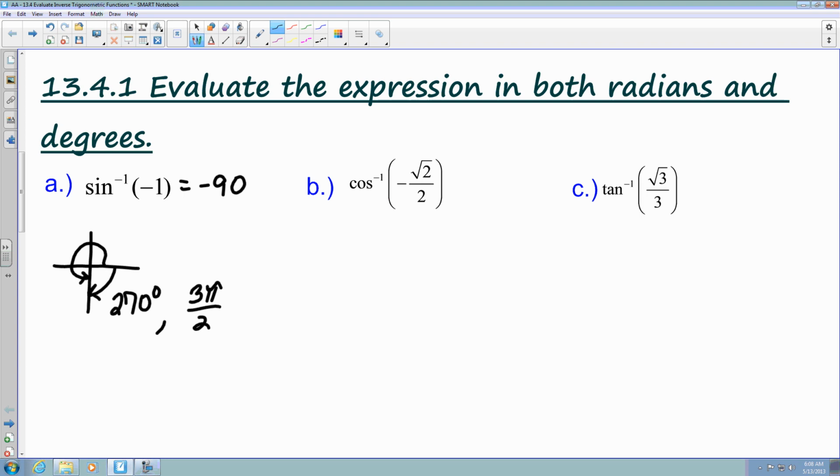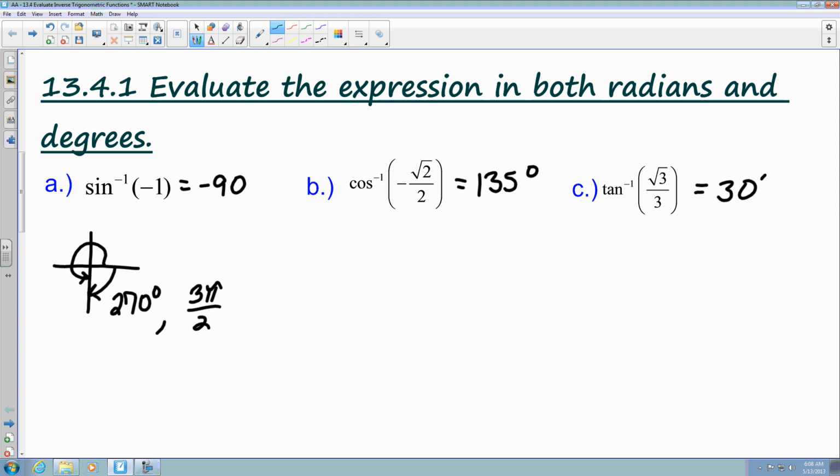Inverse cosine of negative square root of 2 over 2. Punch that in, and I would get 135 degrees. Then inverse tangent of square root of 3 divided by 3, I would get 30 degrees.